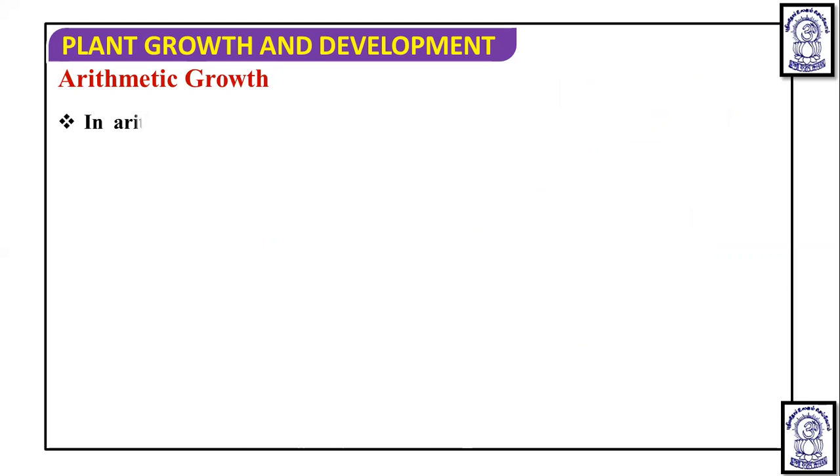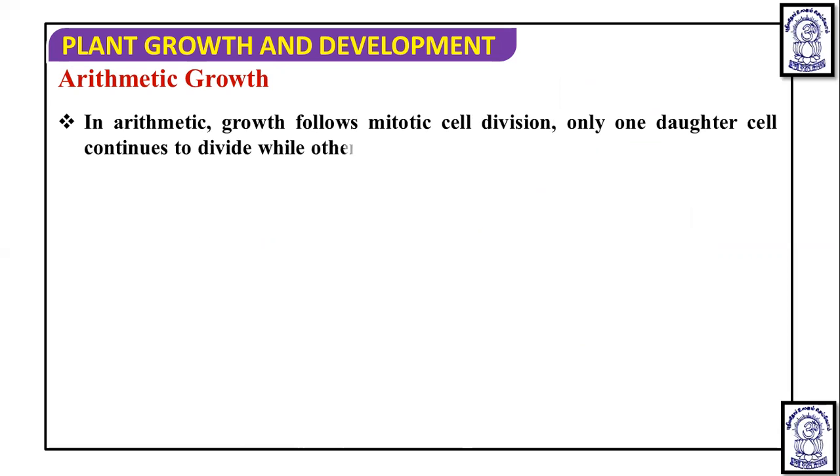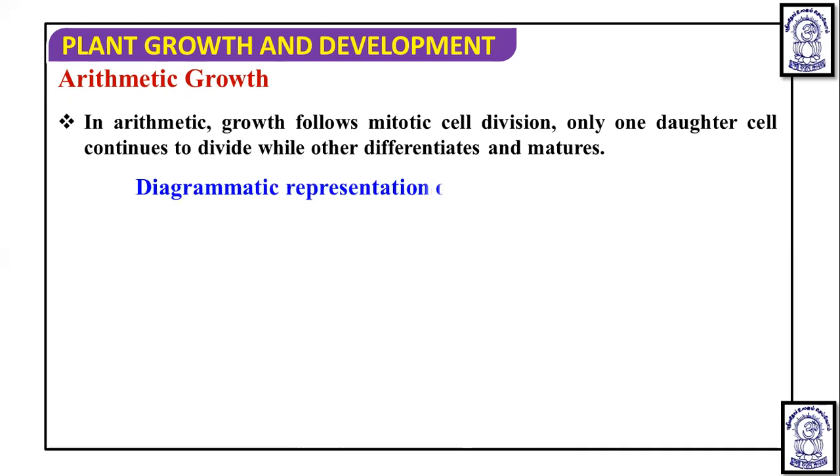What is arithmetic growth? In arithmetic growth, growth follows mitotic cell division. But when one cell undergoes mitotic division, only one of the daughter cells continues to divide while the other differentiates and matures. In a diagrammatic representation, suppose these are the two cells from the parent cell.